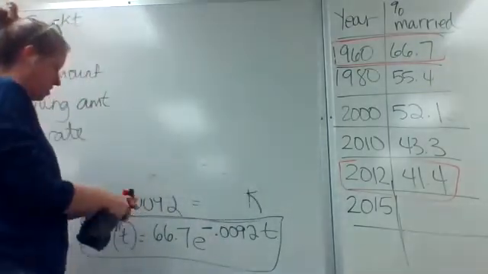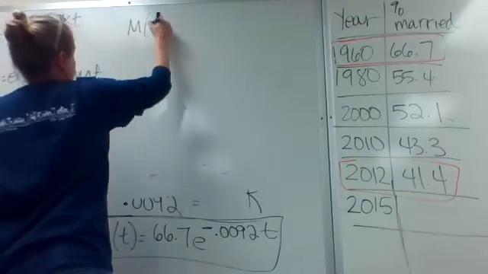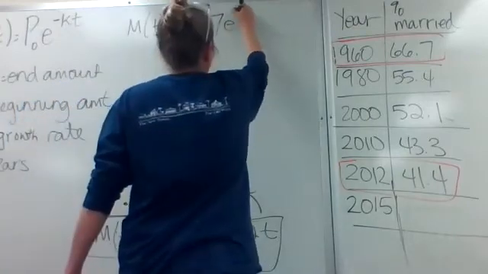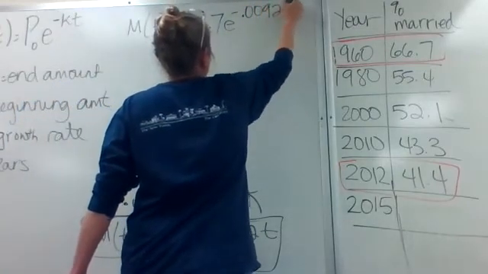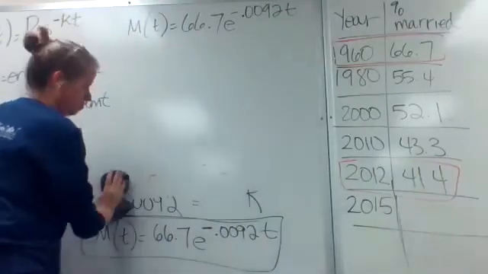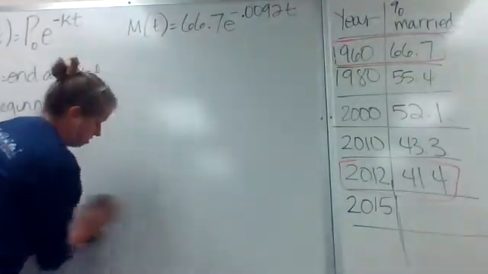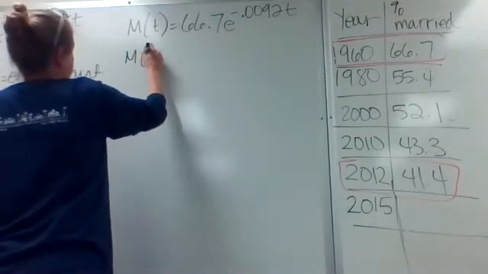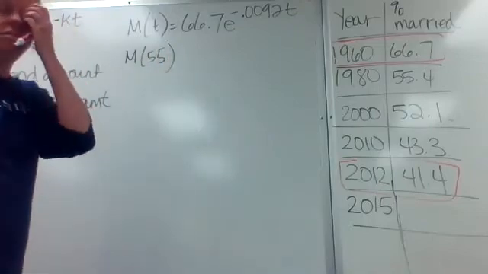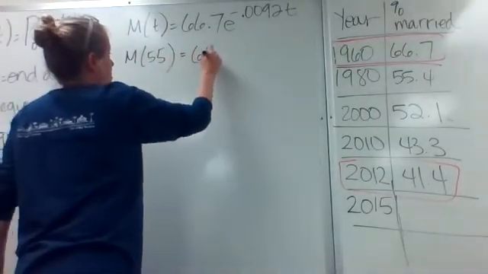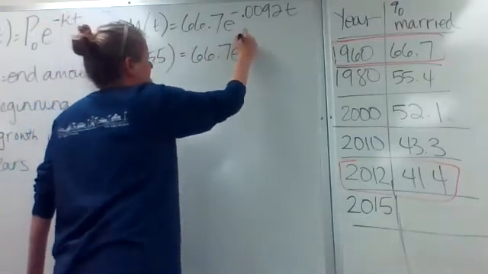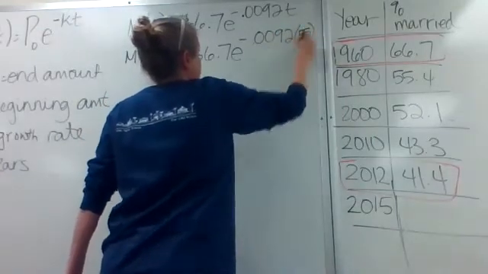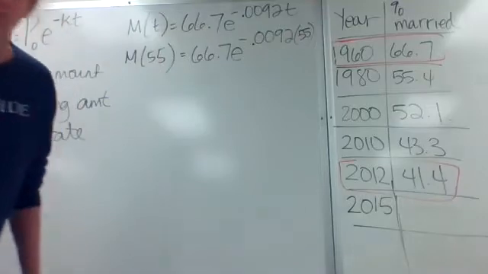So again, I'm just going to rewrite this formula that we found. I am finding M at 55. So 66.7 E to the negative 0.0092 times 55, and put that in your calculator.